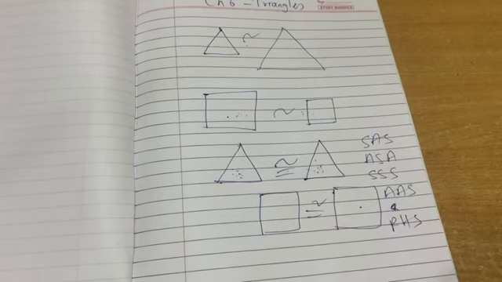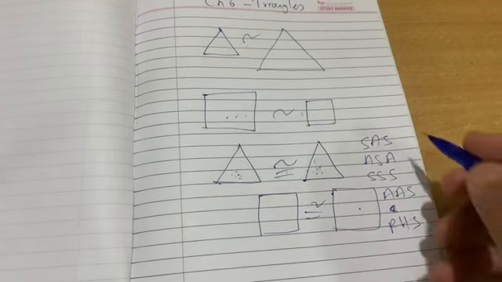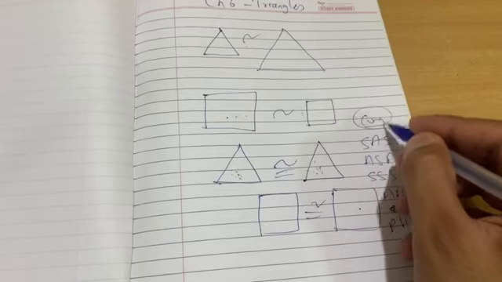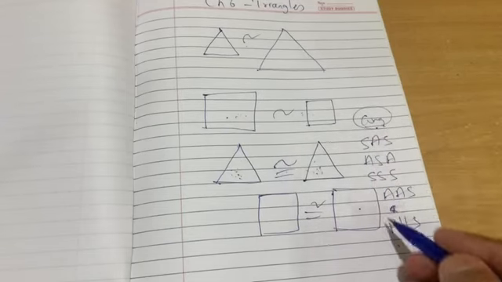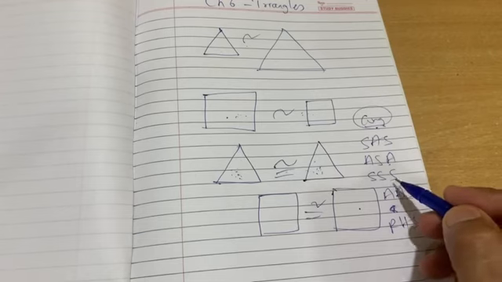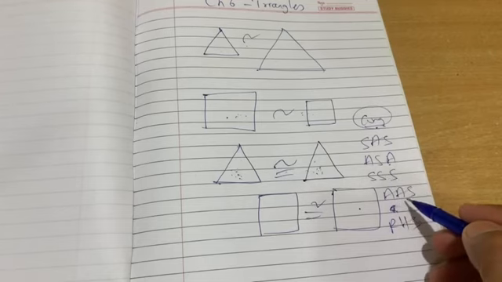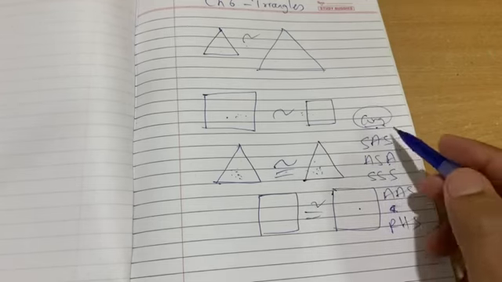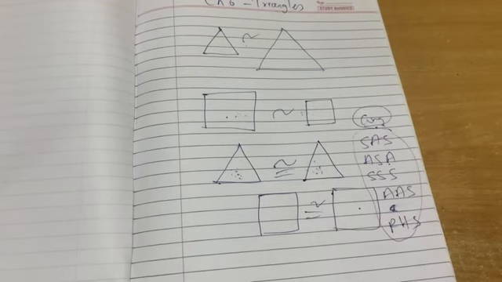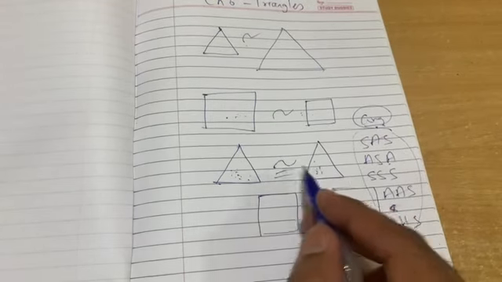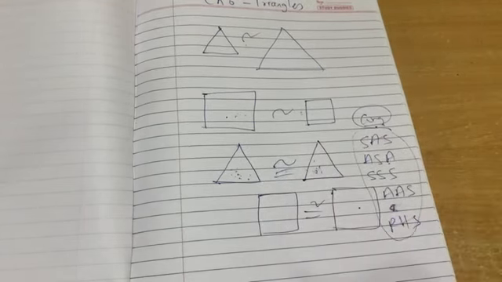These are all the properties of congruent triangles: SAS, ASA, SSS, AAS, RHS. These properties will also be there for similar triangles. So for proving any two triangles similar, these properties will be there.